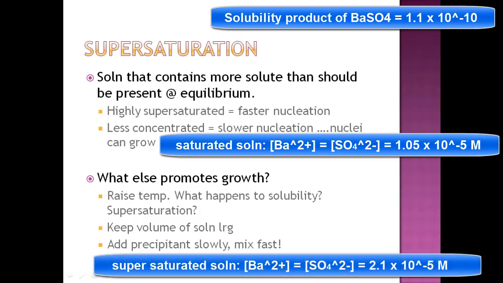Now, a supersaturated solution would contain 2.1 times 10 to the negative 5 molar of both ions, barium ion and the sulfate ion. So that supersaturated solution has twice as much of each ion as should be present at equilibrium. And like I said, you don't really want that because you're not going to give the particle enough time to grow into an actual good-sized crystal.